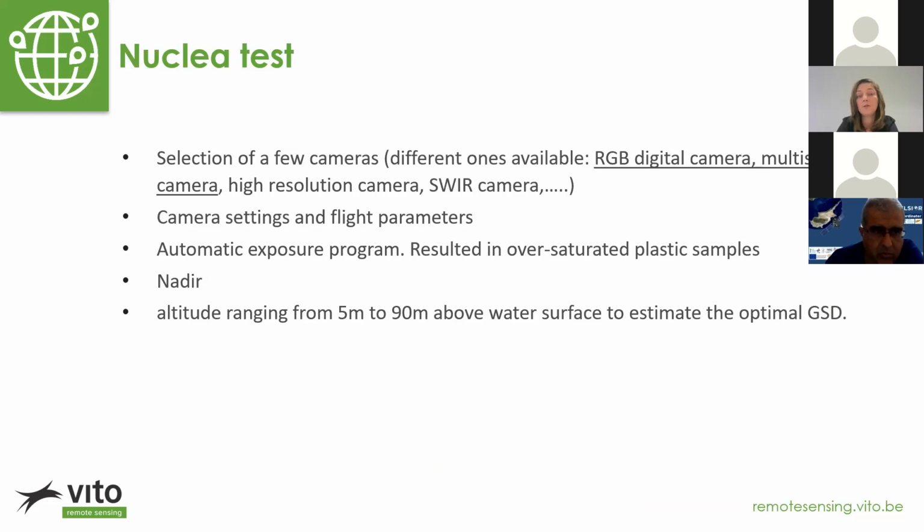We flew with a drone above the lake with different cameras, an RGB digital camera, also a multispectral camera. The idea was to test different camera settings, different exposure programs, also to test nadir viewing and oblique viewing. And the idea was also to test different altitudes, ranging from 5 to 90 meters, to really come up with the best ground sampling distance.